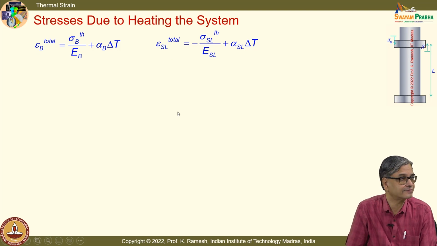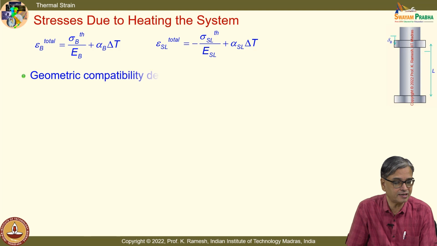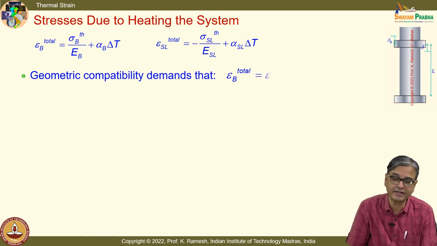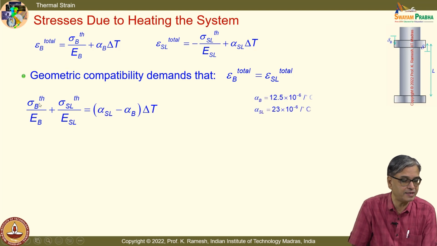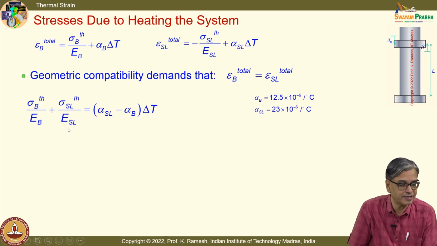Is the idea clear? That is a very important geometric compatibility that you should bring in. Once you do that, the rest is simple arithmetic. There is no difficulty in handling that. So, I have this as sigma B TH divided by EB plus sigma SL TH divided by ESL equal to alpha SL minus alpha B into delta T, and you are given in the problem statement what the thermal coefficients of expansion are.